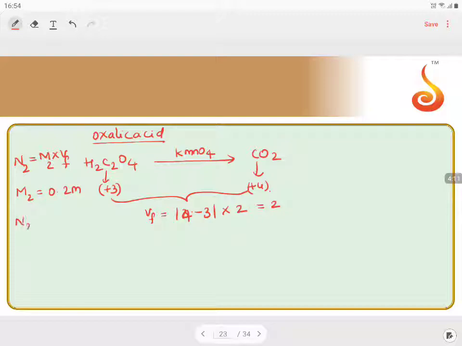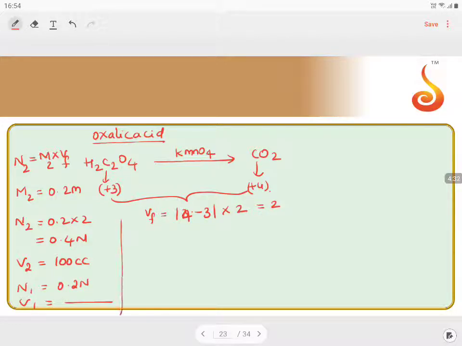So the normality of oxalic acid is 0.2 into 2, which is equal to 0.4 normal, and the volume V2 is equal to 100 cc. We have N1 equal to 0.2 normal. We need to find V1, the volume required to neutralize this particular solution.